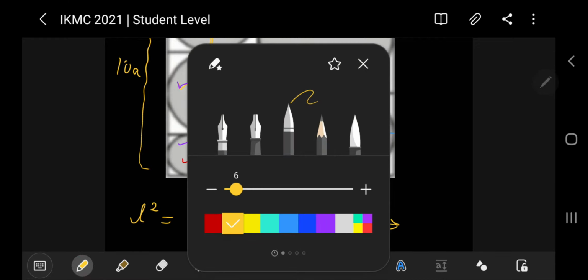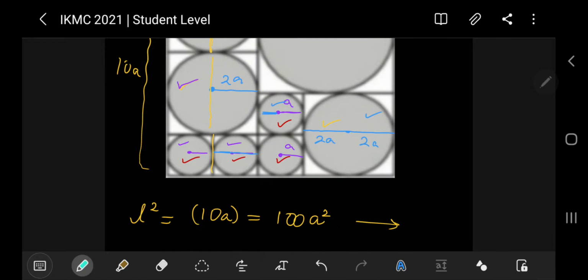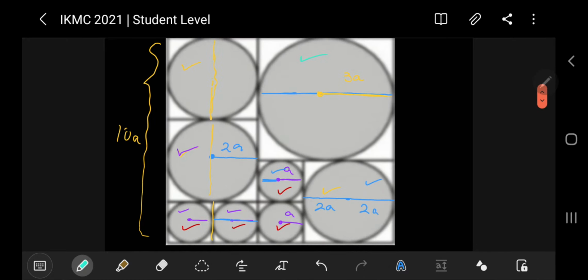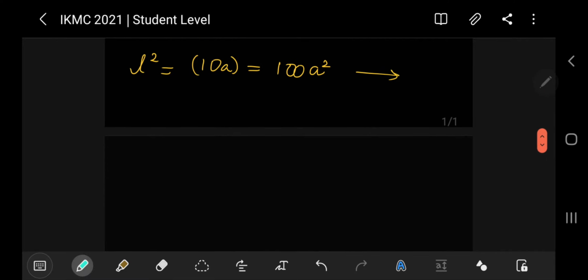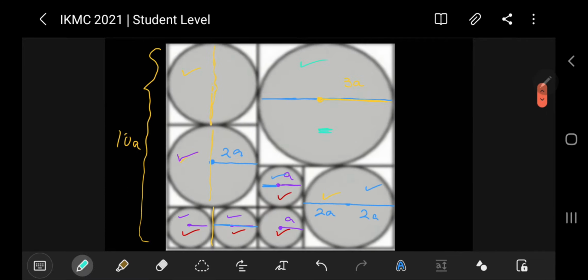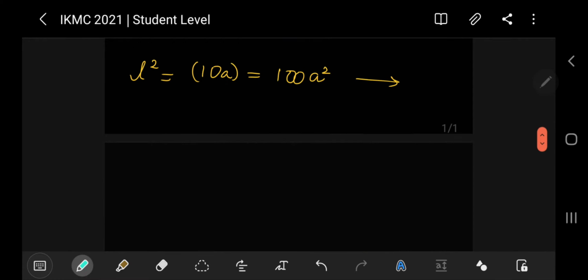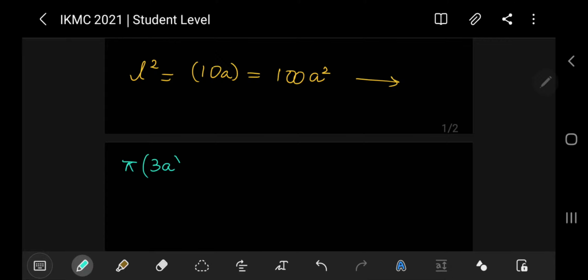For that, we need to calculate the areas of these circles. Now we have one big circle, this one. So let's write down this area. It's pi r squared, and the radius of this circle is 3a, so it'll be pi times 3a squared.